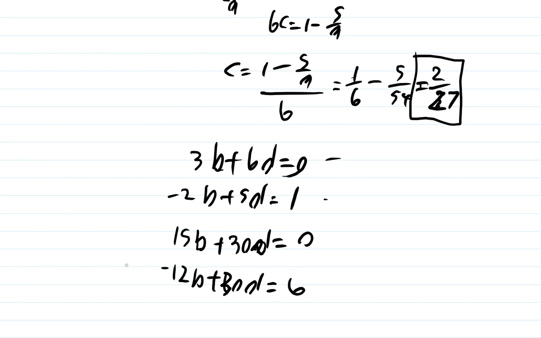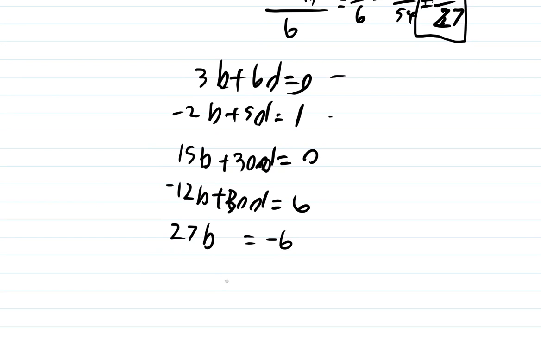And we subtract these. 15 minus negative 12B is like 15 plus 12, which is 27B. 30D minus 30D, that's gone. D is eliminated. Because 0 minus 6 is negative 6.